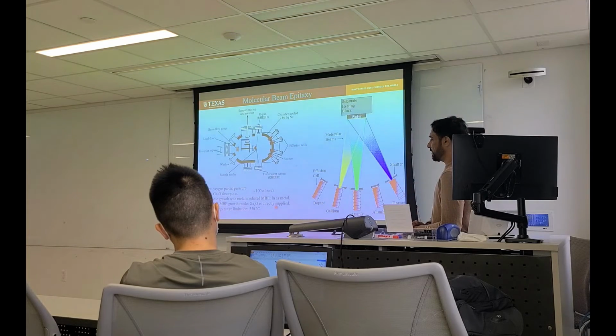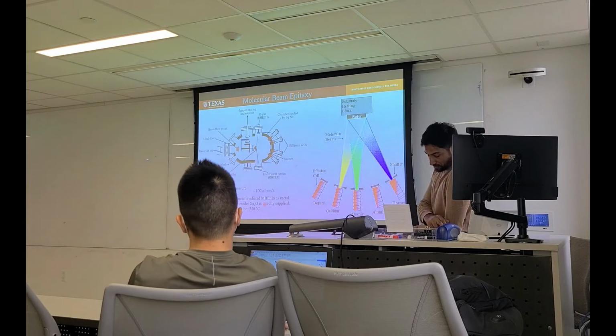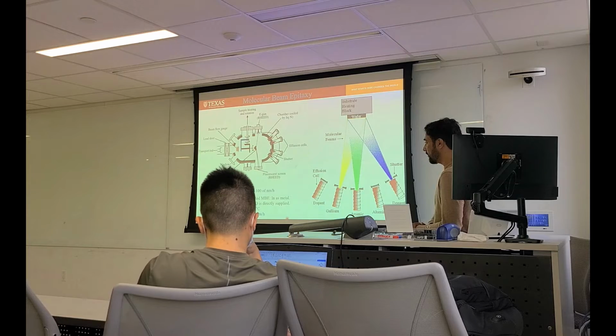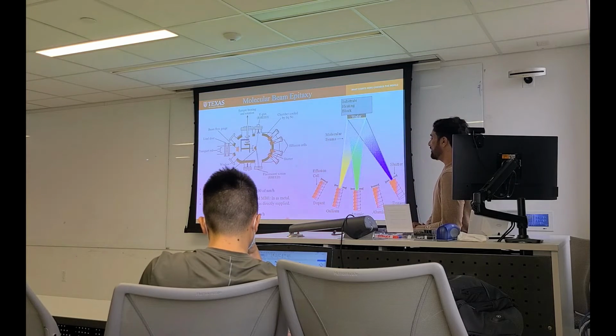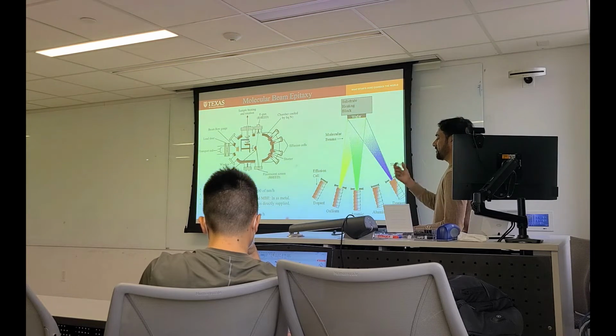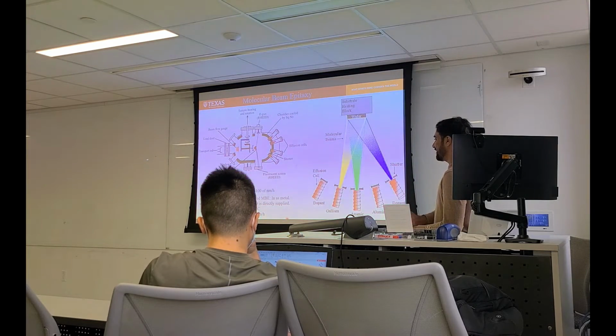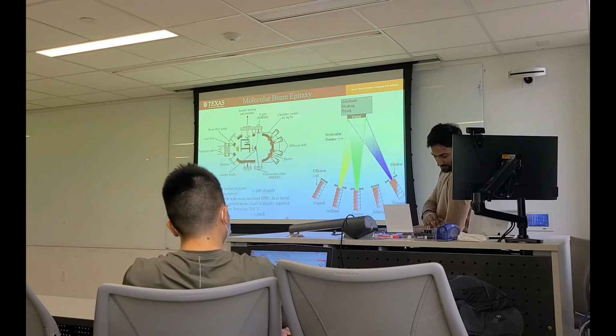Now they skip one step, and in that case they achieve a high growth rate, 1 micron per hour. But the problem with this setup is that they cannot increase the temperature above 550 degrees centigrade, because if they do, desorption will happen again. So these are the limitations with MBE.